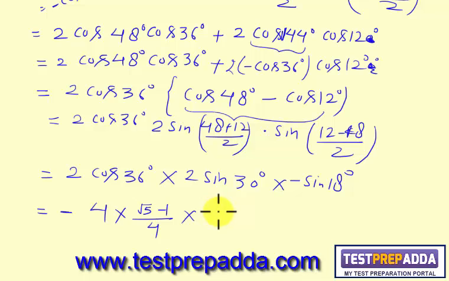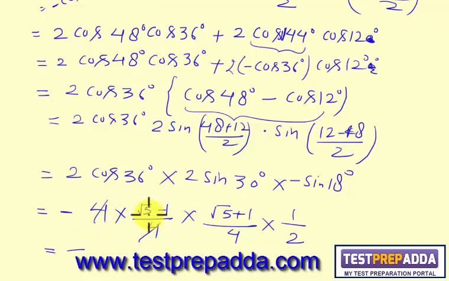This value also we got, what, (root 5 plus 1) by 4, and sine 30 is what, 1 by 2. Okay, now minus this 4 will get cancelled.